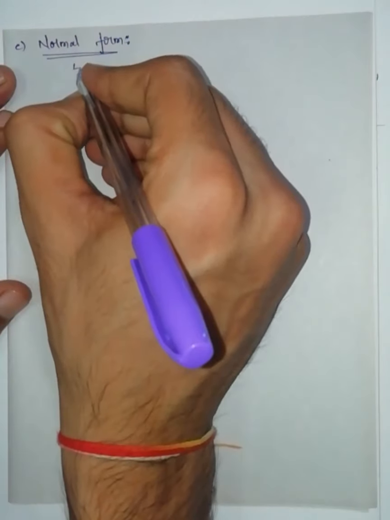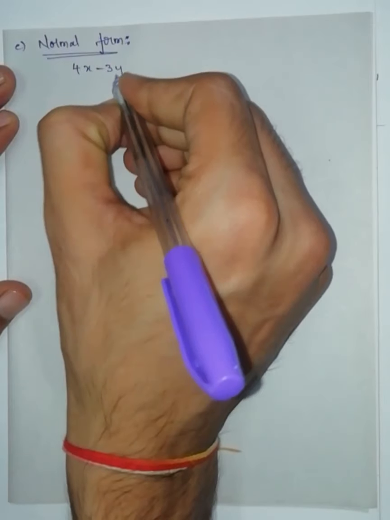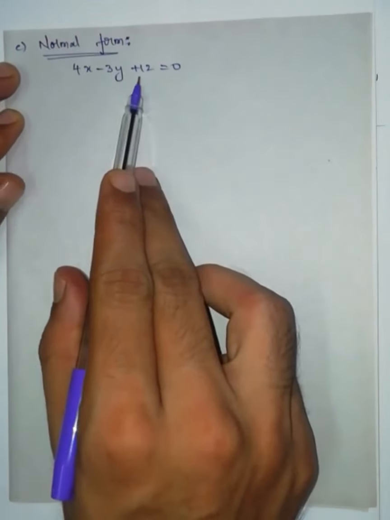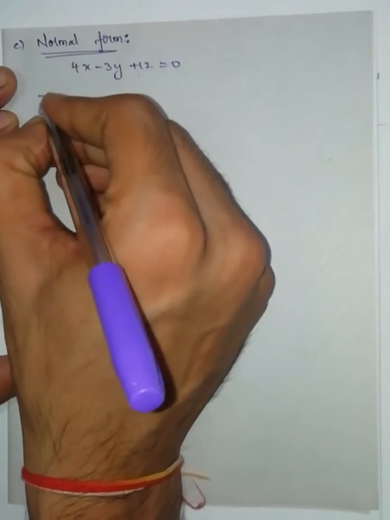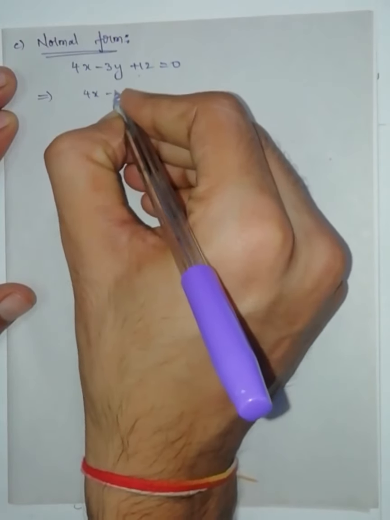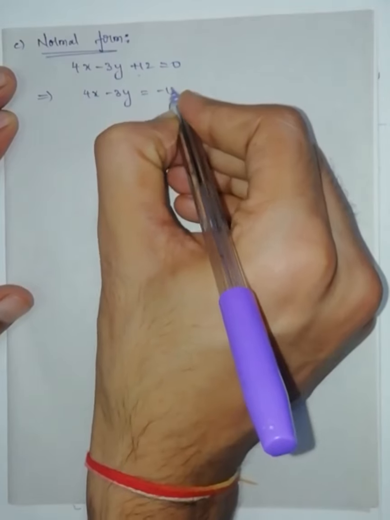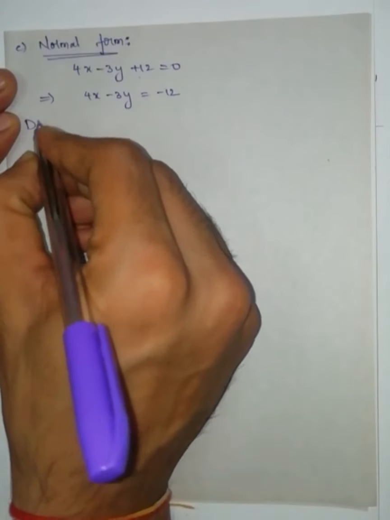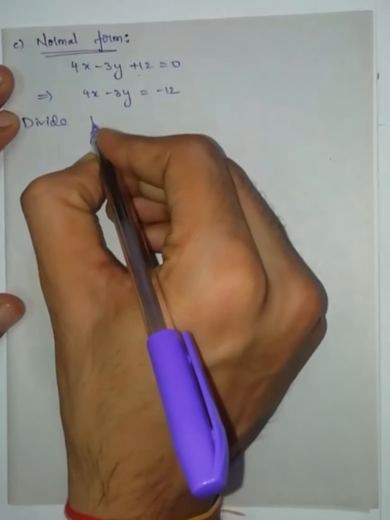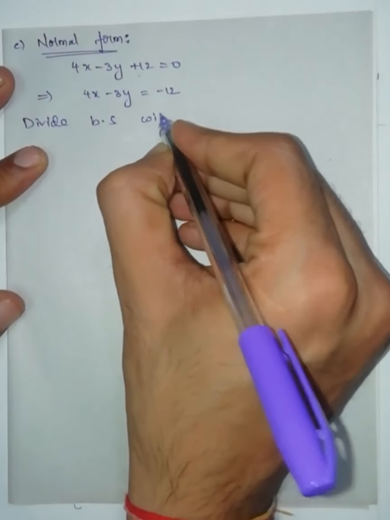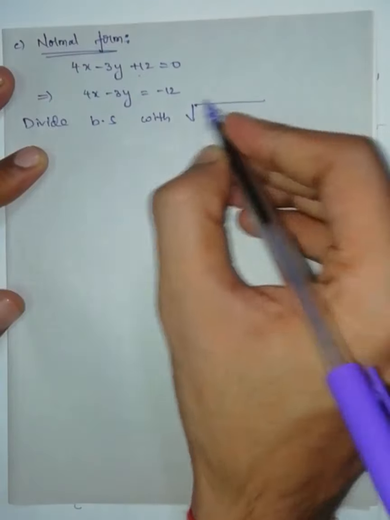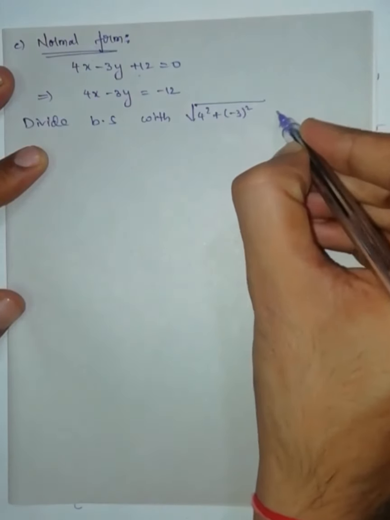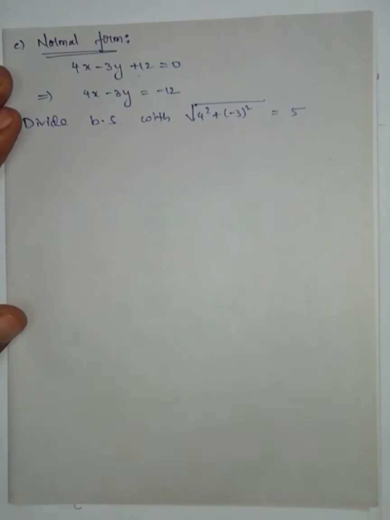What is the given? 4x minus 3y plus 12 is equal to 0. First send this 12 to right hand side. 4x minus 3y is equal to minus 12. Now divide both sides with under root a square plus b square, that is 4 square plus minus 3 square, which is nothing but 5.